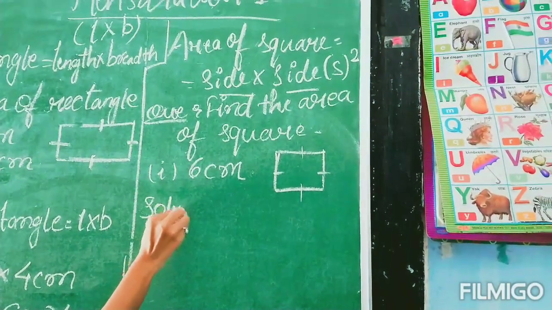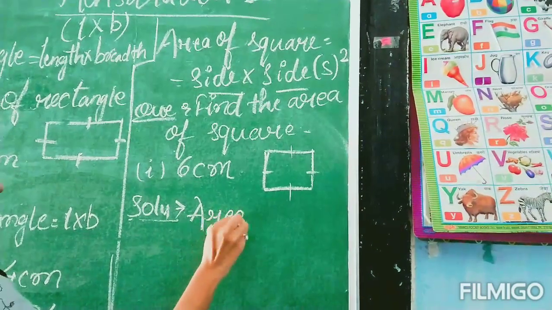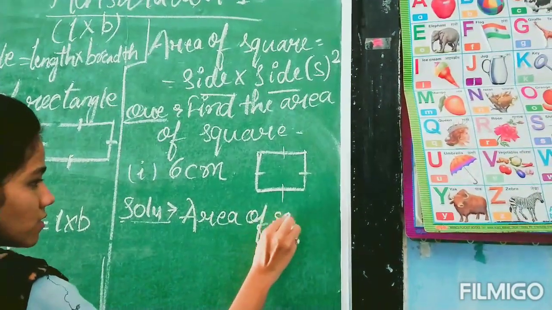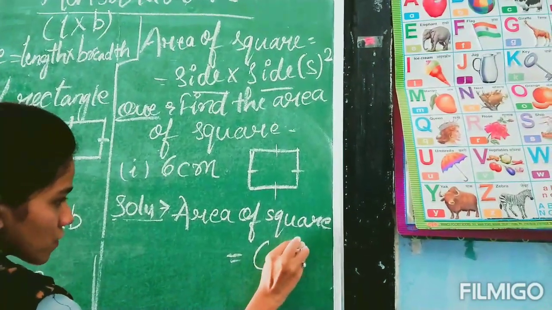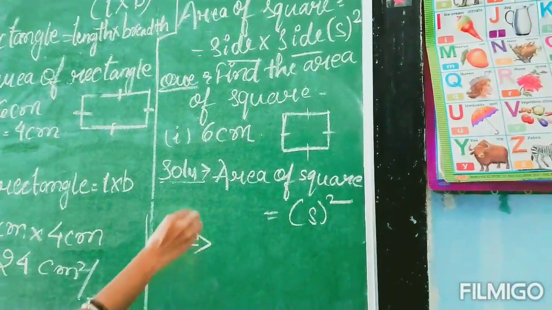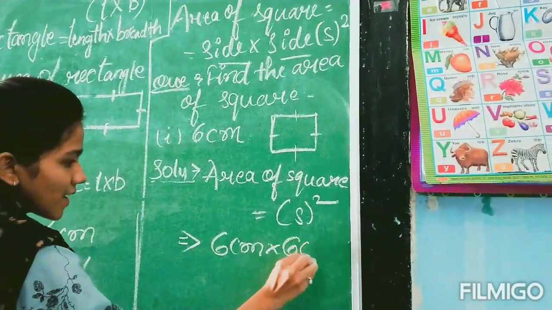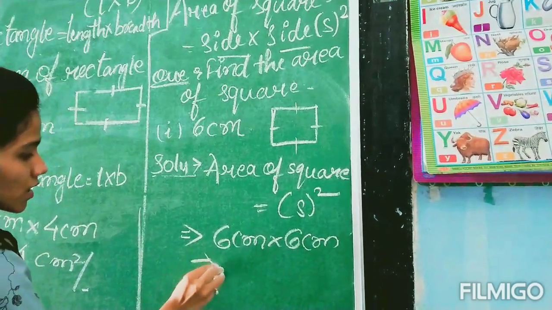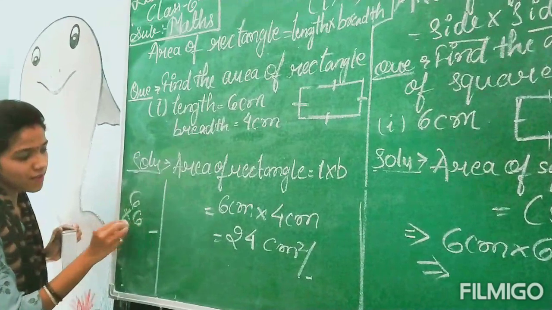Solution. Formula of area of square: area of square equals side square. Put the value 6 centimeter into 6 centimeter. Take the rough 6 into 6.